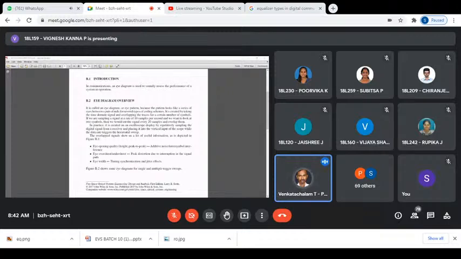How? We have to apply the received signal in the vertical plate, that is the Y plate, and in the X plate we have to apply a sawtooth waveform.